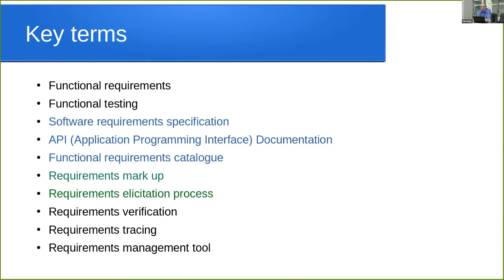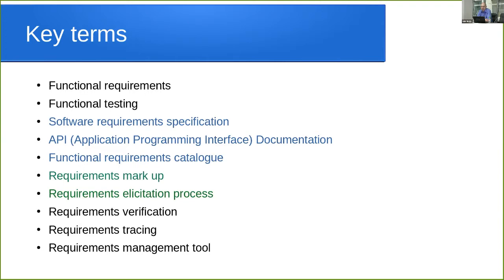API documentation is something similar, but on the other hand different. It is intended for the users of the software, and in spite of the fact that it also describes the behavior of the software, it does it differently. It is supposed that the software provides a number of functions, a so-called application programming interface, to other software.